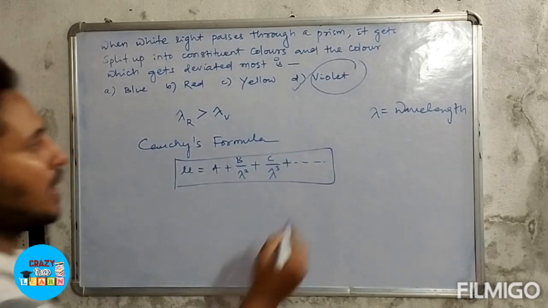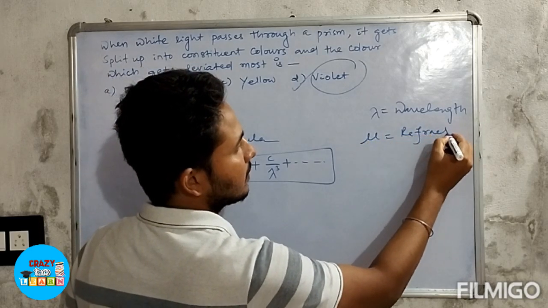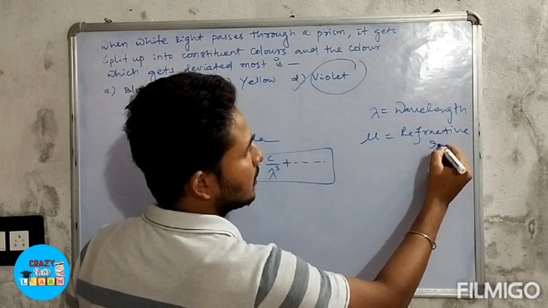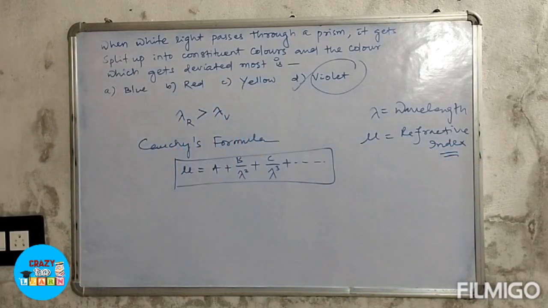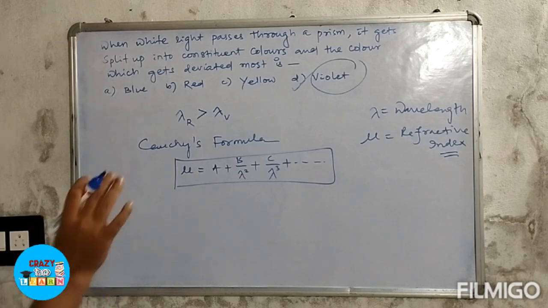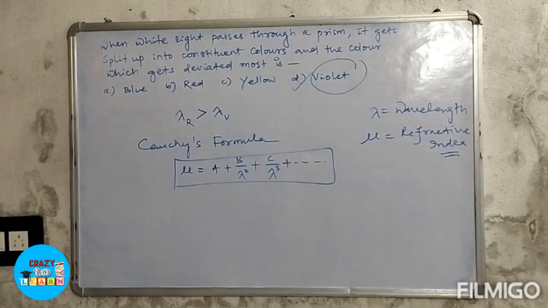Mu is the refractive index. You know what is refractive index? These minimum things you should know, otherwise you cannot do these problems. You are appearing for the high school contractual teacher, that means you should have this minimum knowledge. So mu is the refractive index of the material medium.